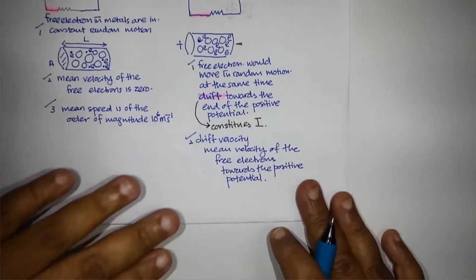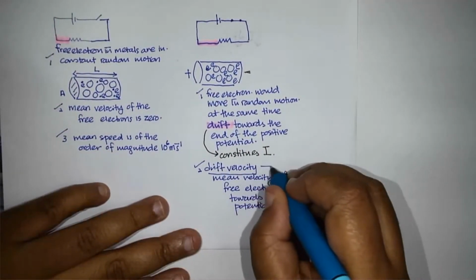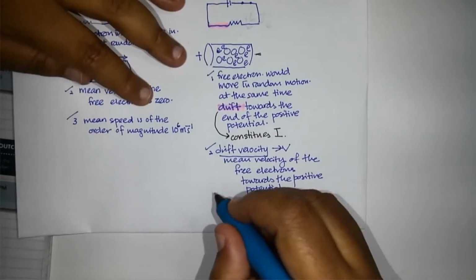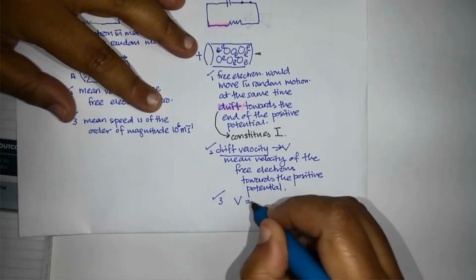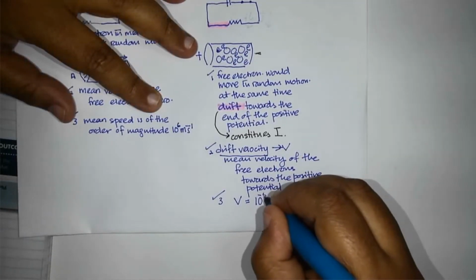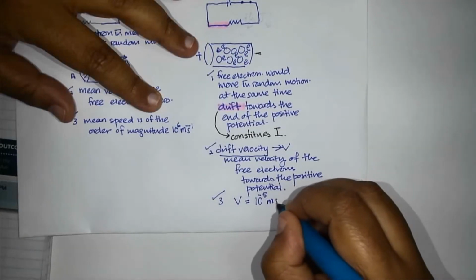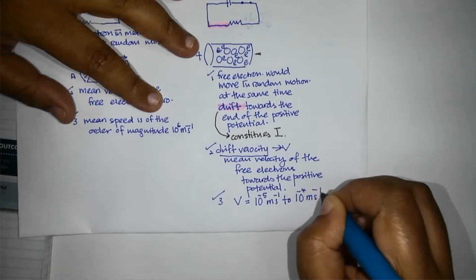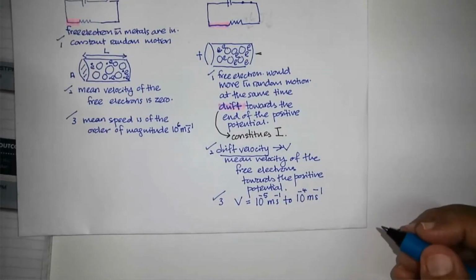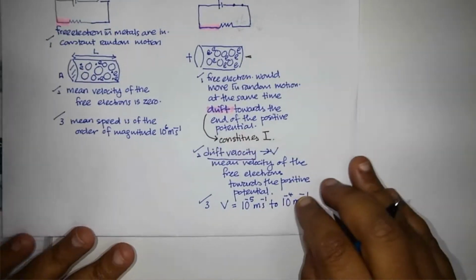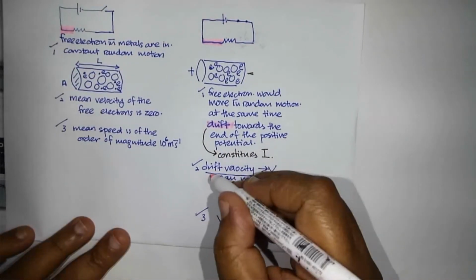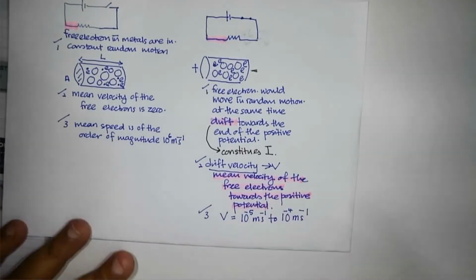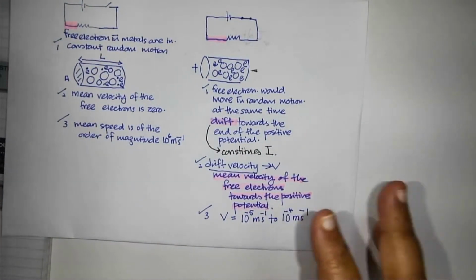The drift velocity symbol is v, and v is usually of the order of magnitude 10 to the power of -5 m s^-1 to 10 to the power of -4 m s^-1. So the definition or meaning of drift velocity is the mean velocity of the free electrons towards the positive potential.